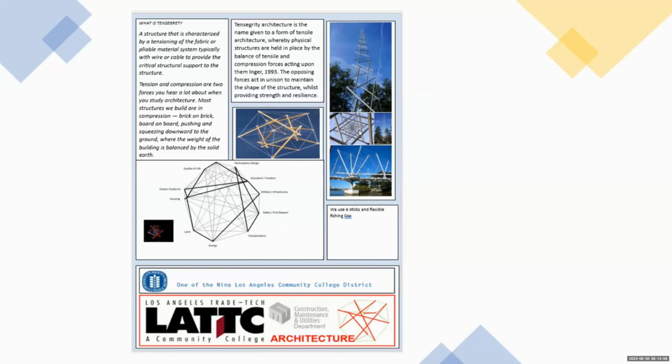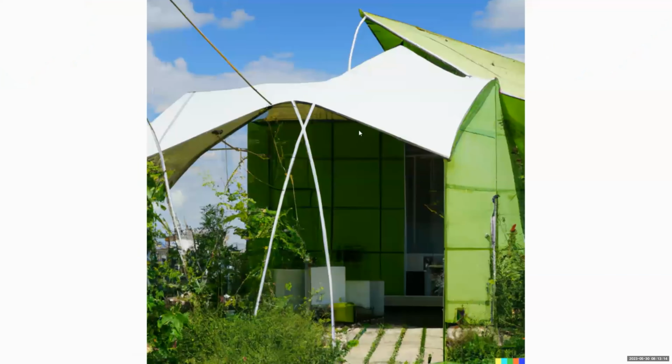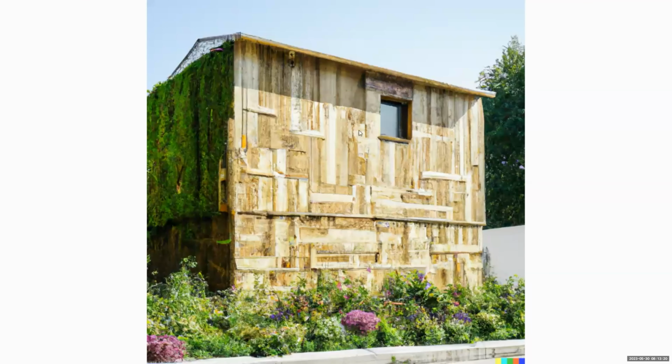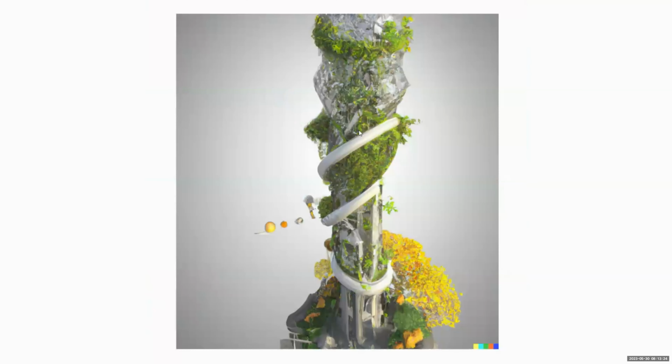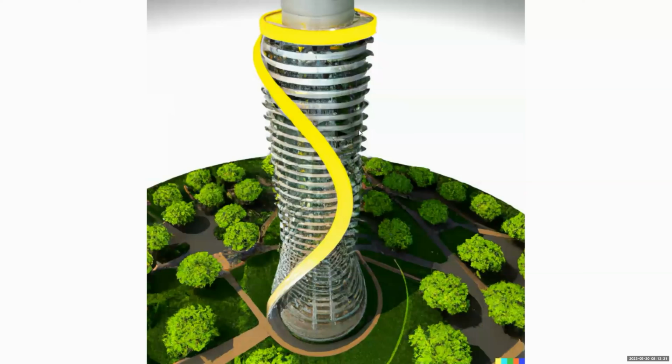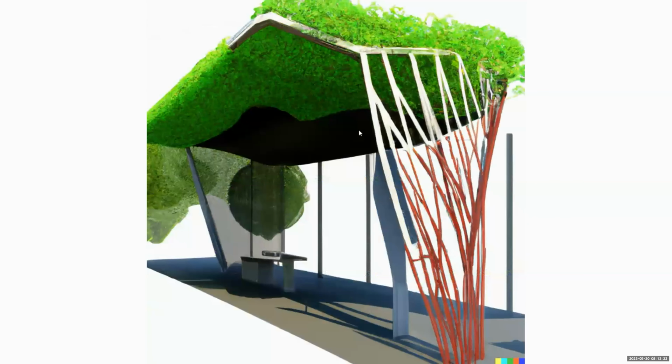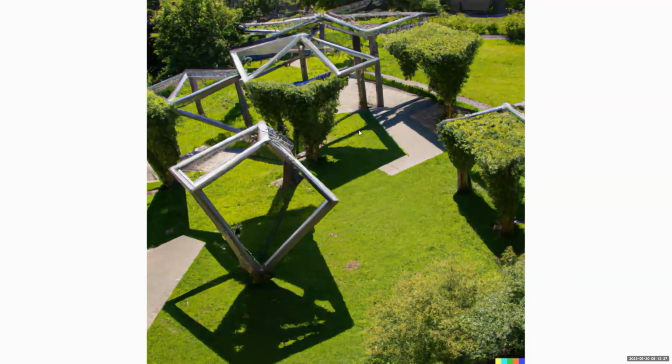This is my poster. And this is the image of the AI of the urban intervention. This is a tiny house, another tiny house, a tower observation, bus stop, a garden.